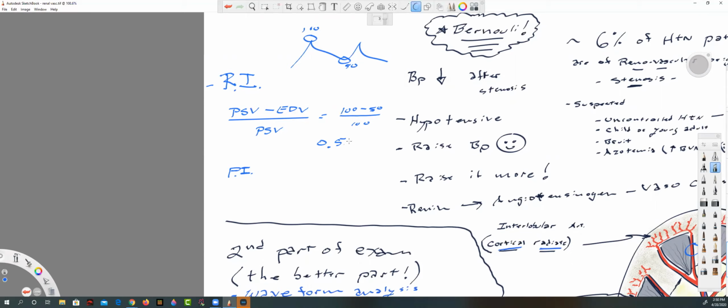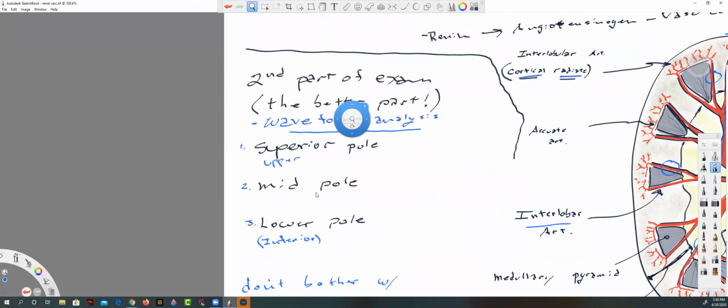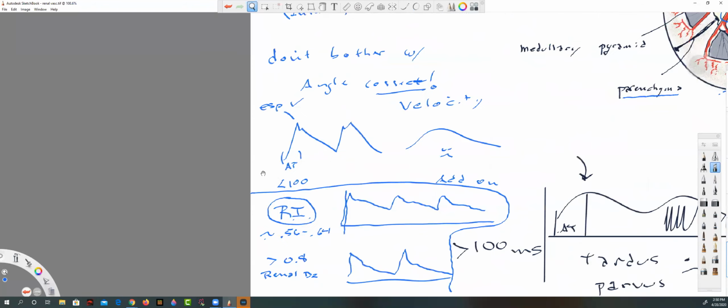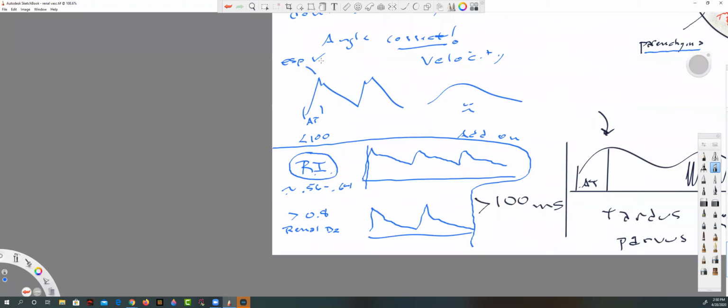And that would be a good resistive index for the kidney, because I do believe, I did this from memory, a normal kidney is around 0.56 to 0.64. That doesn't mean if it's 0.54 it's bad, or 0.68 it's bad. It's just a general idea.